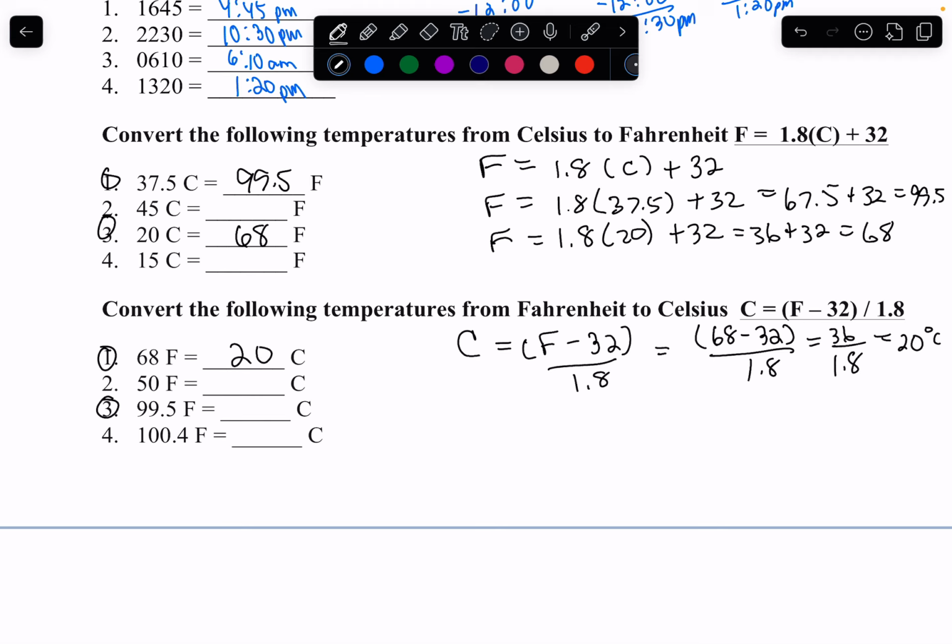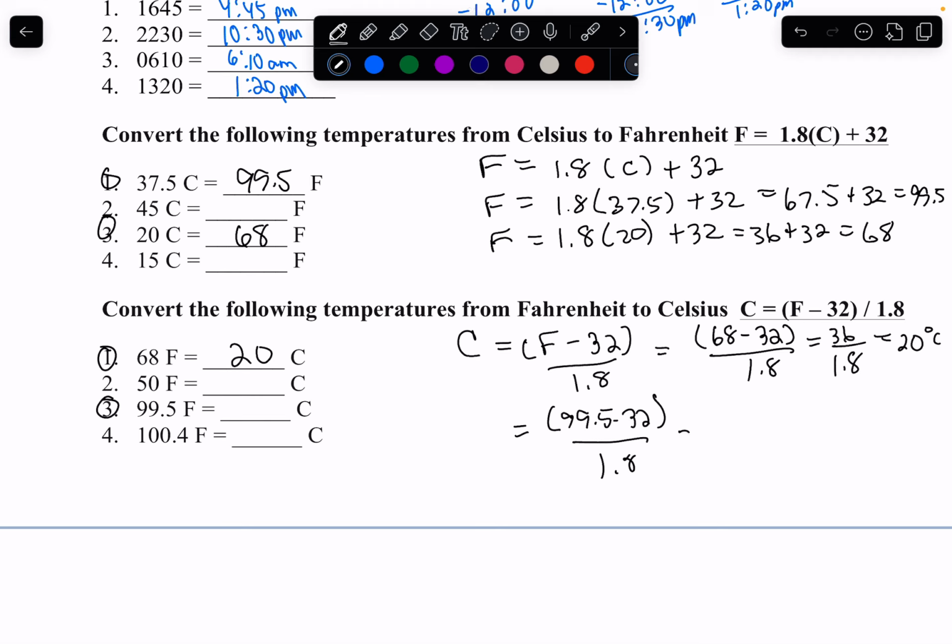Okay. Let's look at 99.5. Now, if we did it right, we should get the answer up above, but let's just practice. Make sure that we're going backwards right. So it would be 99.5 minus 32, divided by 1.8. We're going to do that 99.5 minus 32 first.